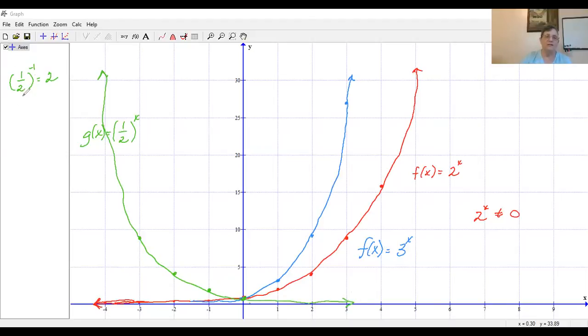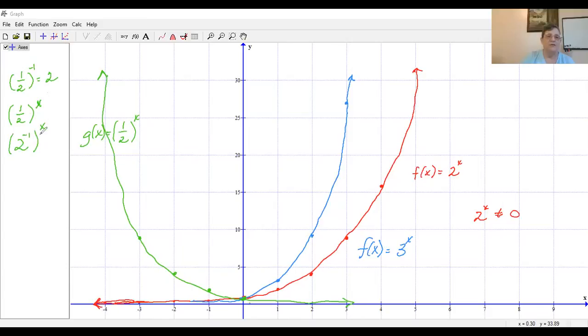And this actually makes sense because 1/2 raised to the x, 1/2 is the same thing as 2 raised to the negative 1.